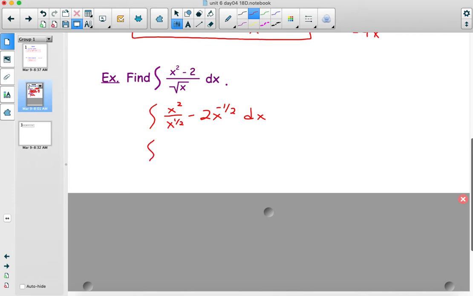Now, what do you do when you have a variable to a power over the same variable to another power? Well, when we divide, remember back in algebra, like x to the 5th over x squared, that's x to the 5 minus 2. So you just subtract the exponents. So 2 minus 1/2 is 3/2. So that simplifies to just x to the 3/2 minus 2x to the negative 1/2.